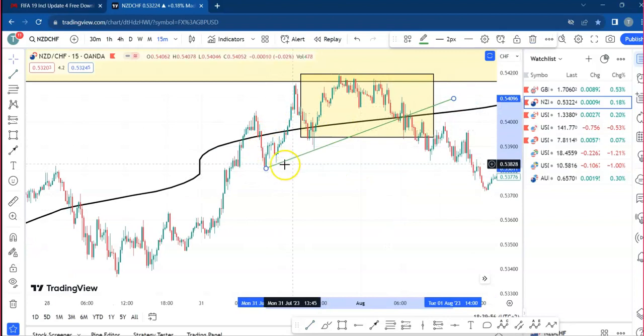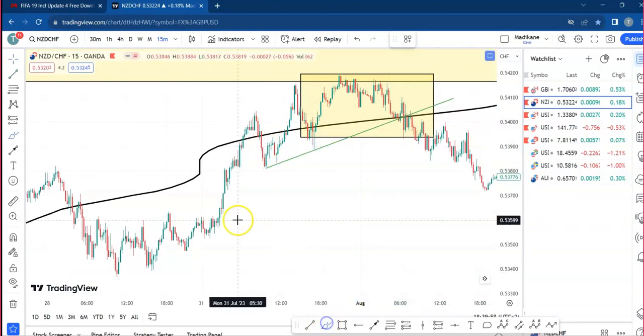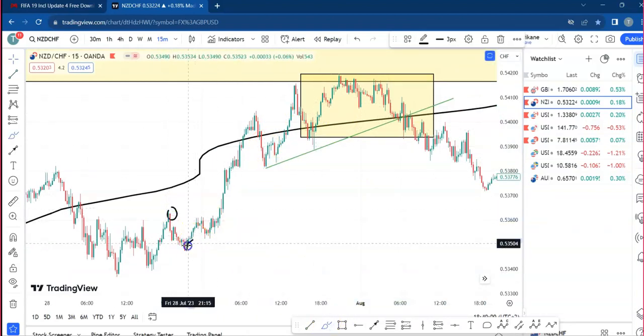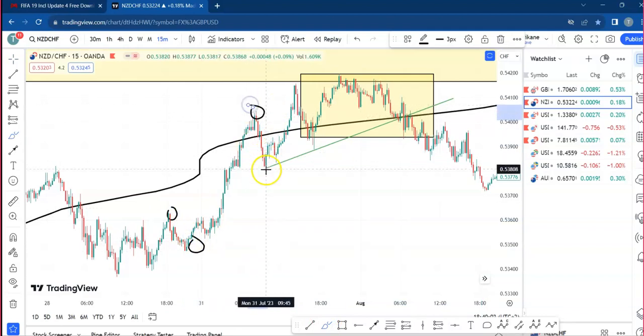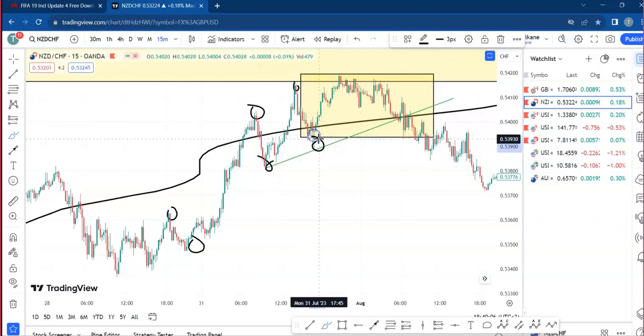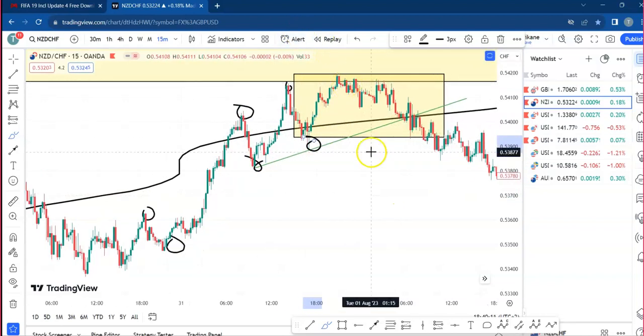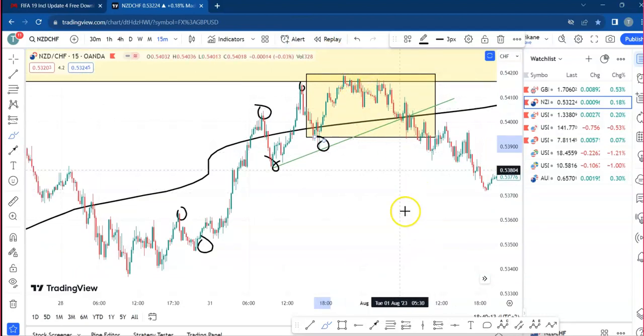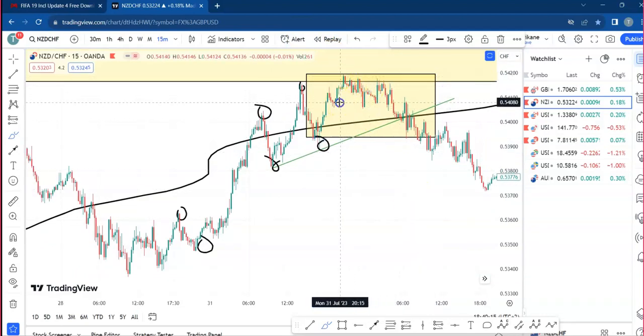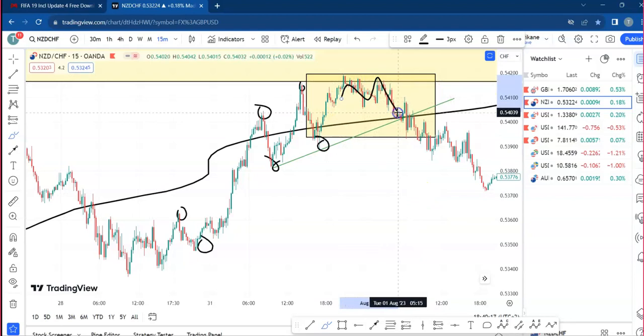So you can see that the market was bullish, right? It was bullish all the way. So entering here would be very stupid, right? Then you can see that the market gave you a rejection right here, gave you a double top.